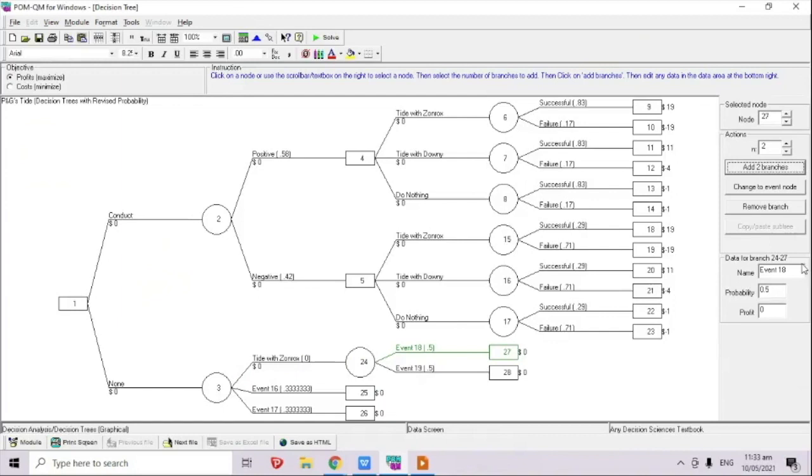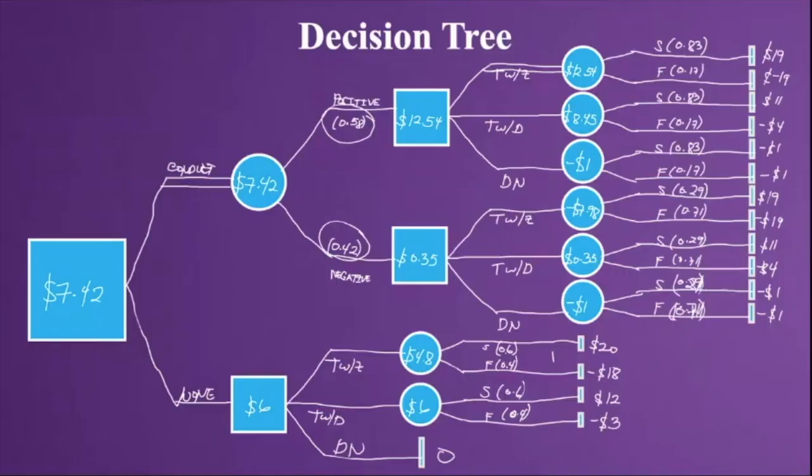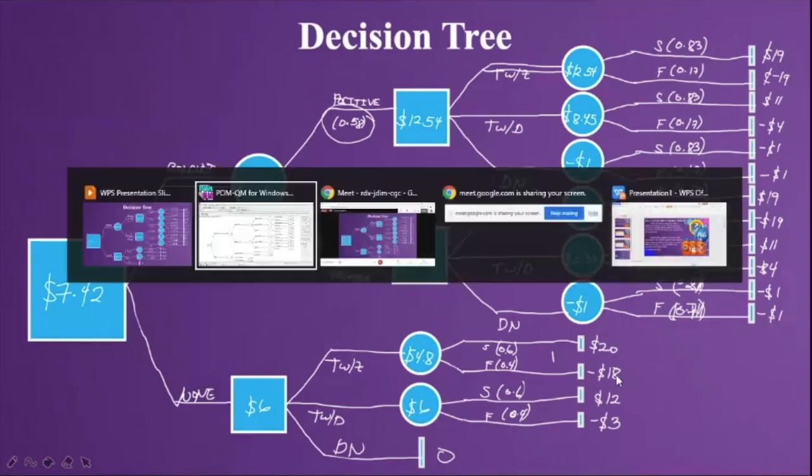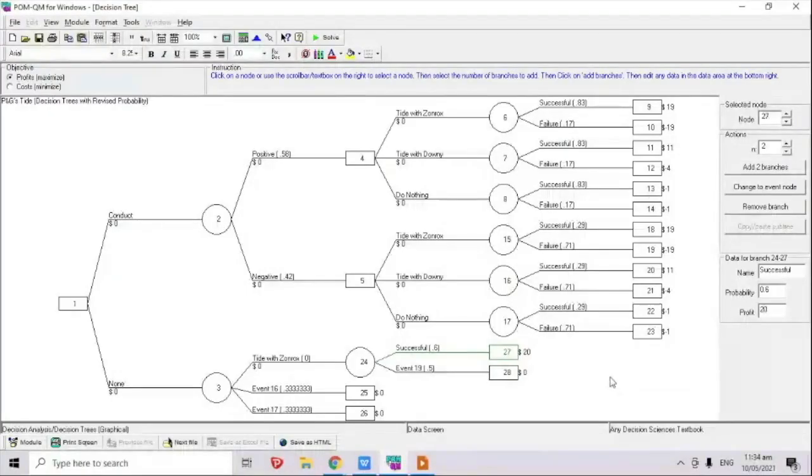For successful, the probability is 0.6, and the payoff, guys, is 20. Then negative 18 for the next. So, for this one, failure, 0.4. And payoff is negative 18.